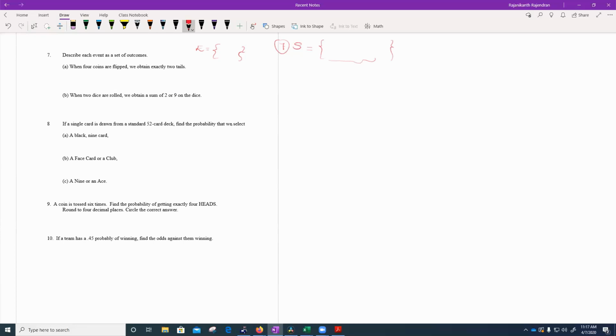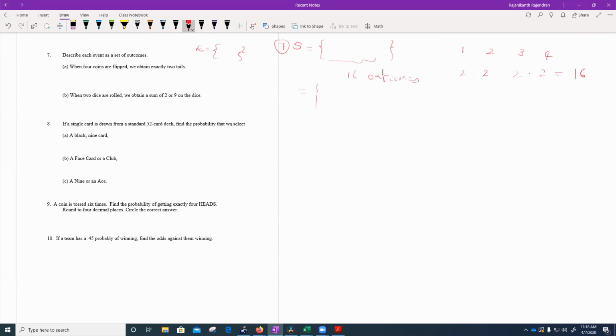You are flipping 4 coins. You need 4 tasks now, right? Each coin has 2 outcomes, either heads or tails. Therefore, each has 2 outcomes. In total, I have 2 times 2 times 2 times 2, which is 16. Therefore, 16 outcomes in my sample space, right?